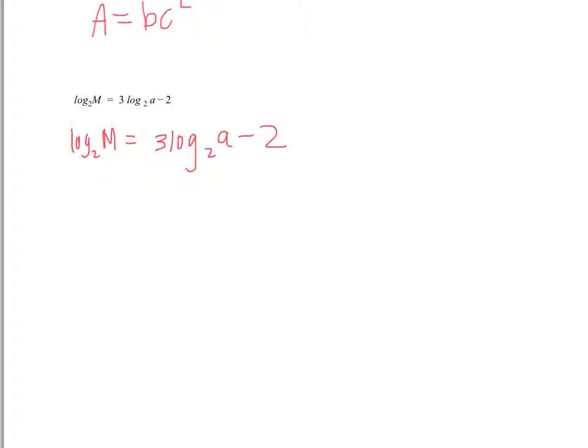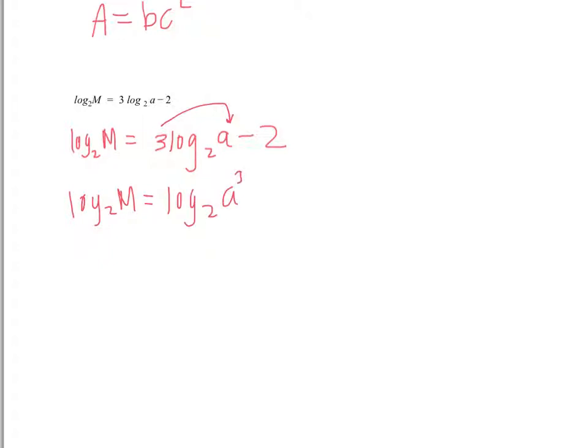What I want to do is first rewrite this so that I can move that third power. So I move this to that a, and get log base 2 of m is equal to log base 2 of a cubed.